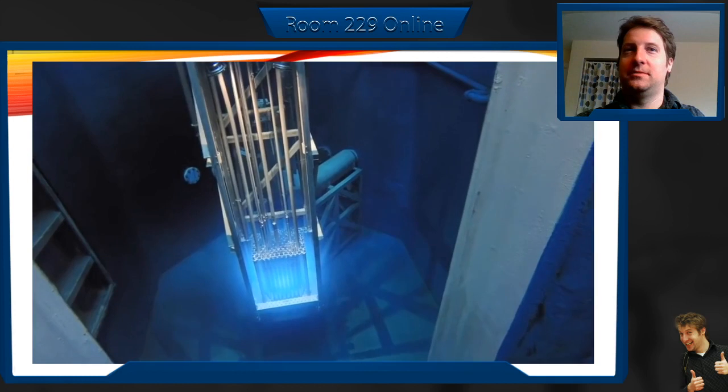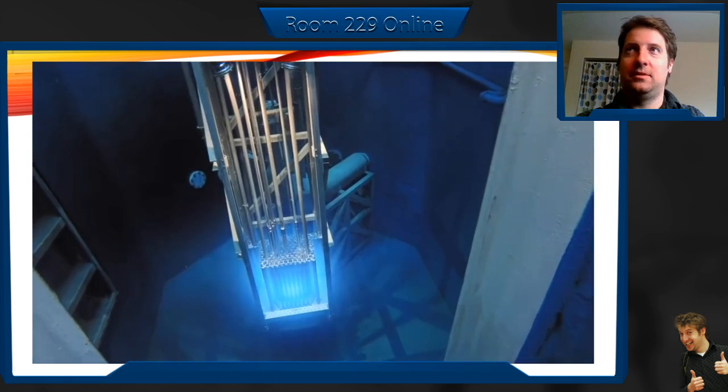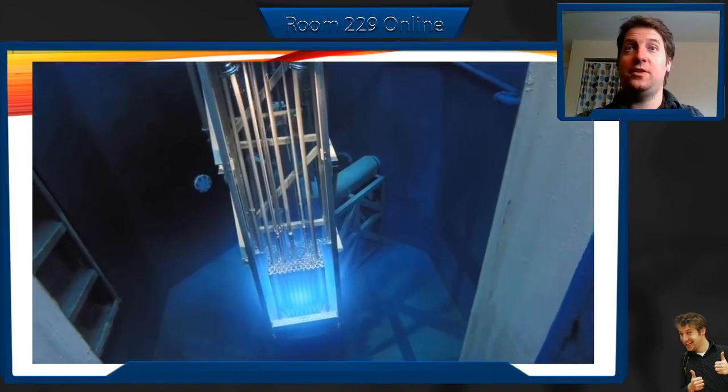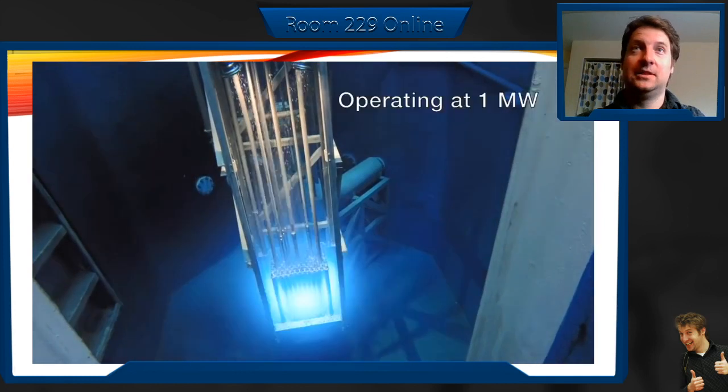Oh, where's all that blue light coming from? That's Cherenkov light. That's all the decay materials coming off of the uranium fuel rods in there, just glowing bright blue.